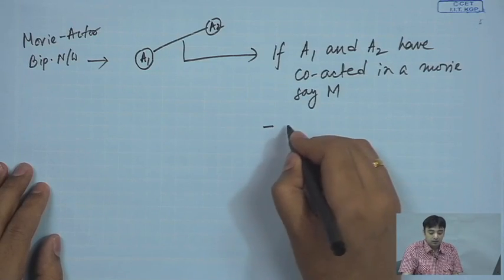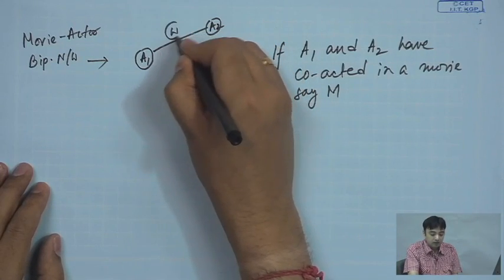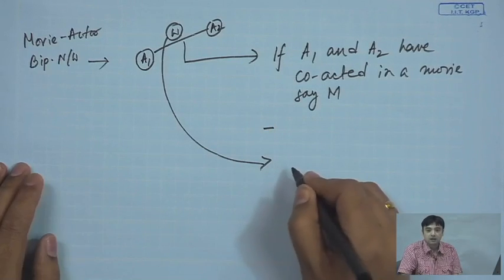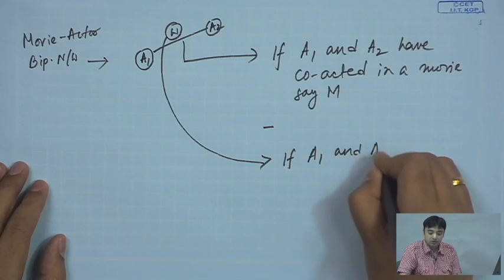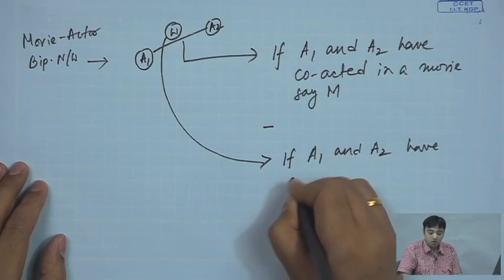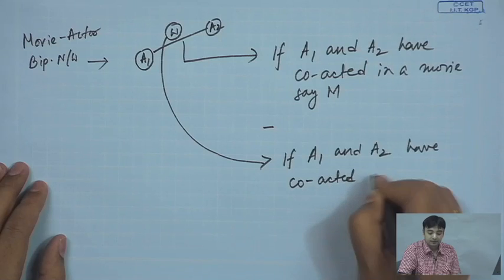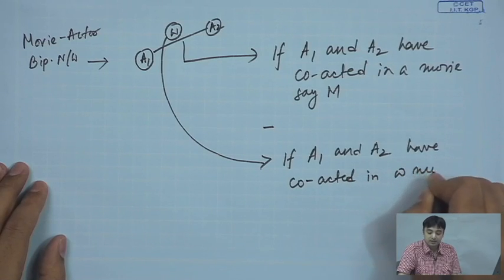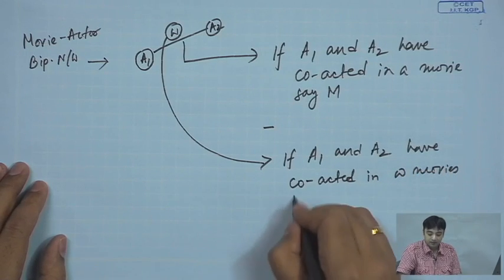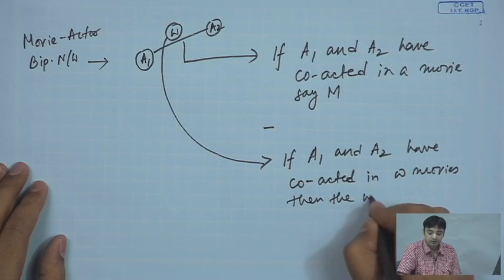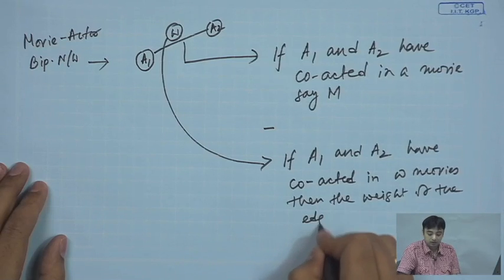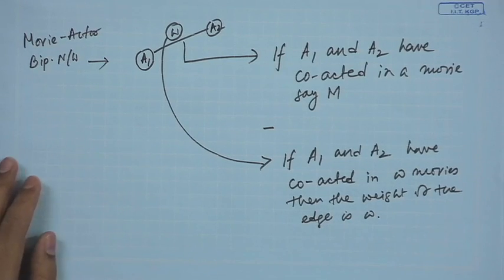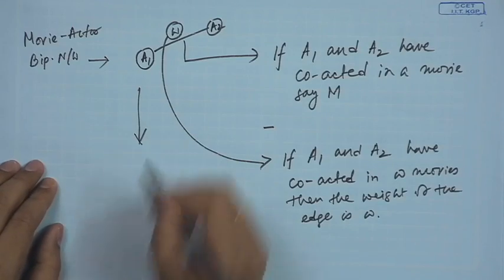So, this can have a weight W, and this W is nothing but: if A1 and A2 have co-acted in W movies, then the weight of the edge is W. In this way you can construct an actor one mode projection.